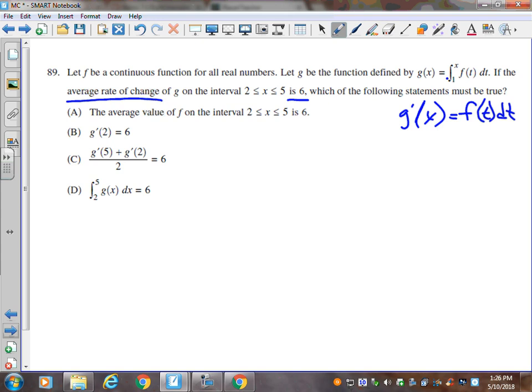Did we talk about average with that integration? We talked about rate of change with derivatives. So those two things being together kind of seems a little strange, doesn't it? But then again, we just took a derivative of an integration problem over here. So that might have something to do with it. Now, let's talk about what each one of these means. This means I'm integrating from 2 to 5, that interval, g of x. Okay?